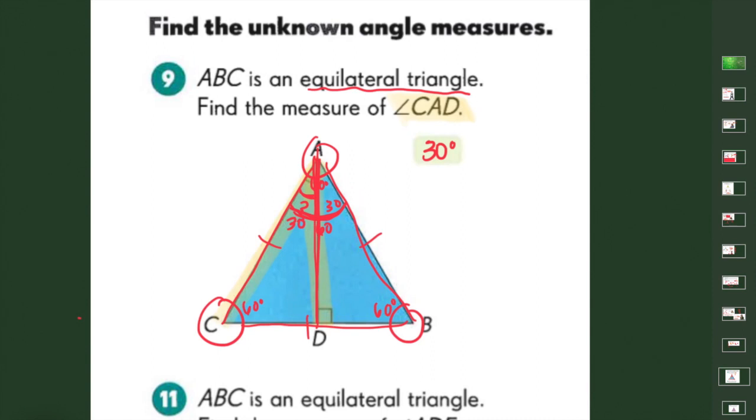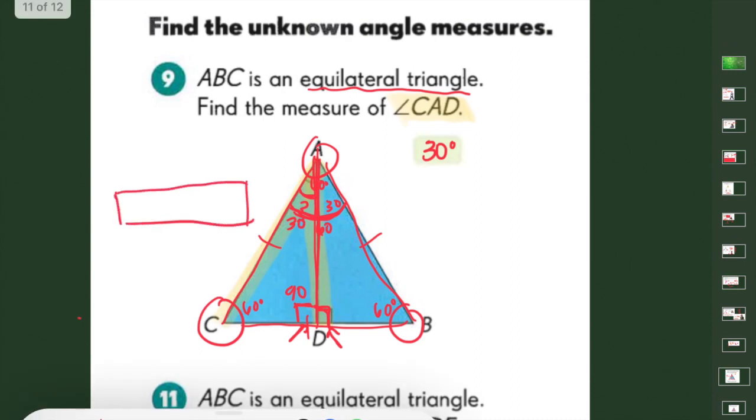Now, another thing you could have used to help us figure that out is understanding that if this is a right angle over here, then this also forms a right angle over here, telling us that this is 90 degrees. So now in the triangle ACD, we know that one angle measure is 60 degrees.